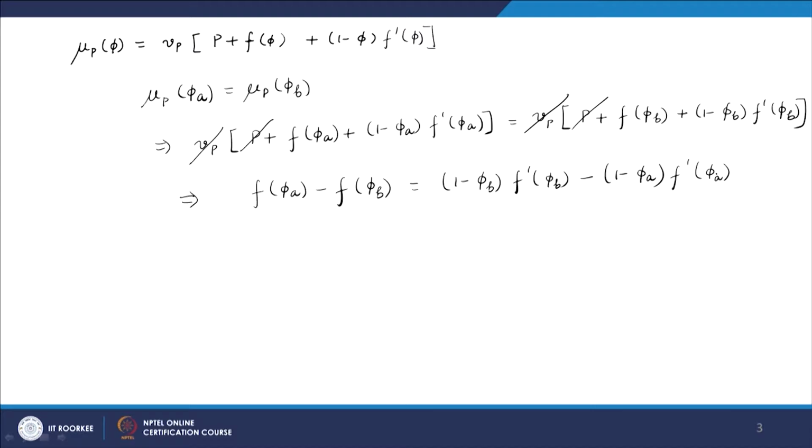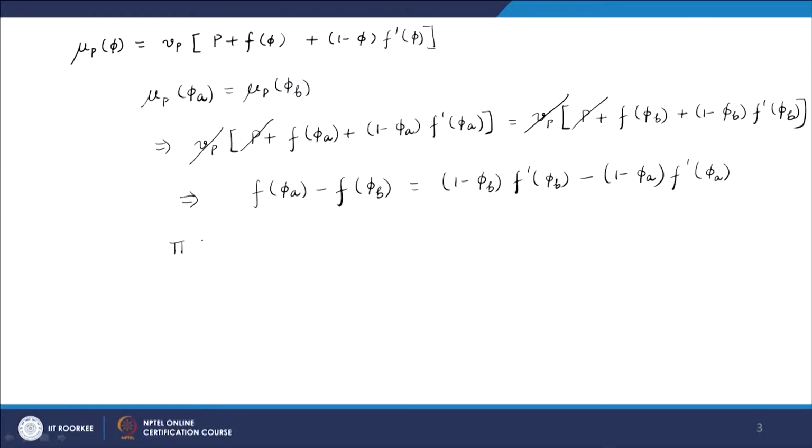Now, we can also write the same thing for equality of solvent chemical potential, but let us first write it for the osmotic pressures. So, we know the osmotic pressure is the following.